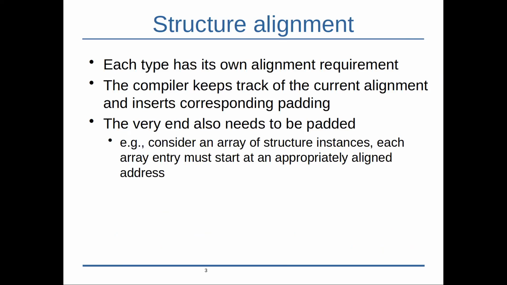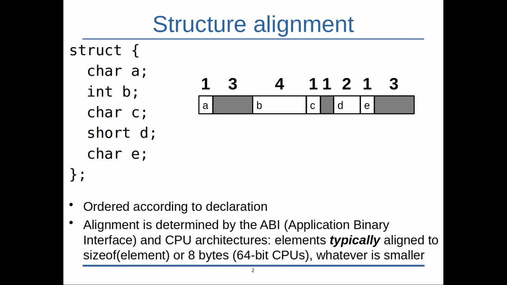So each type has its own alignment requirements in the API. So the compiler has to keep track of the current alignment and its corresponding padding. So for example, at point A, it knows that it's 4 byte aligned. Then once it inserts field A, it knows that it's no longer 4 byte aligned.